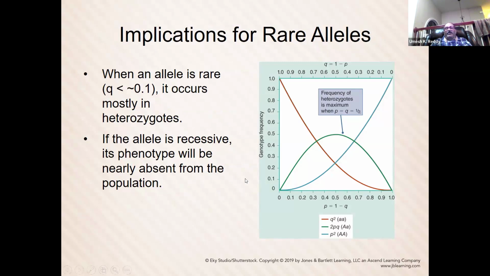If it is in equilibrium, the genotype frequency of heterozygotes is exactly half. And then the recessive population is q squared, and the dominant population, that is capital A, is p squared. This is the typical scenario of what? Equilibrium.